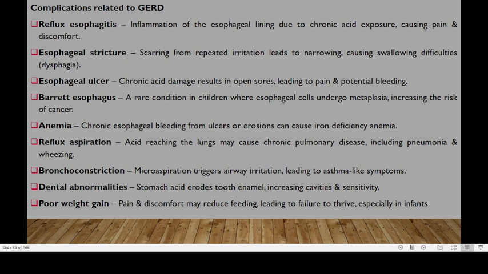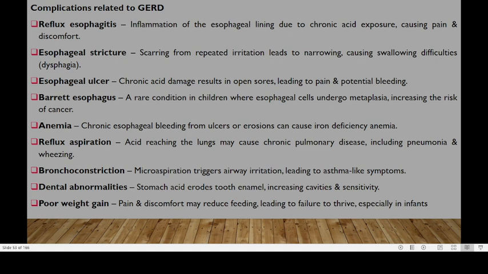Complications associated with gastroesophageal reflux include inflammation of the esophageal lining due to chronic exposure, causing pain and discomfort. We also have scarring from repeated irritation, leading to narrowing and causing swallowing difficulties.